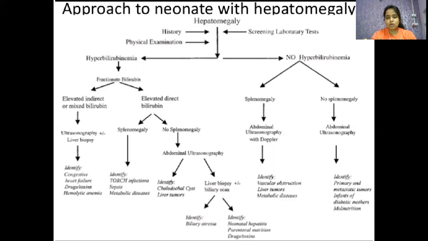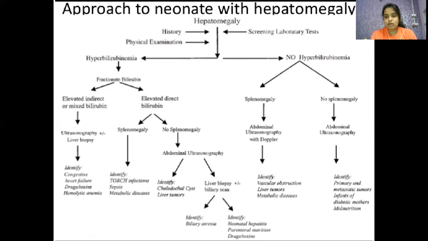If there is no hyperbilirubinemia, on the left side, check for splenomegaly or no splenomegaly. If no hyperbilirubinemia but splenomegaly is found, then abdominal ultrasonography with Doppler to identify vascular obstruction, liver tumor or metabolic diseases.